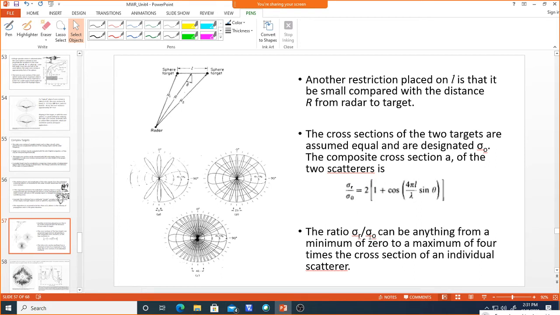This ratio, sigma r by sigma naught, can be anything from a minimum of 0 to a maximum of 4 times the cross section of an individual scatterer. That means if you take the individual scatterer as sigma naught, this ratio may be either 0 or at most 4 times that of the individual target. That will be the range we get in this scenario.